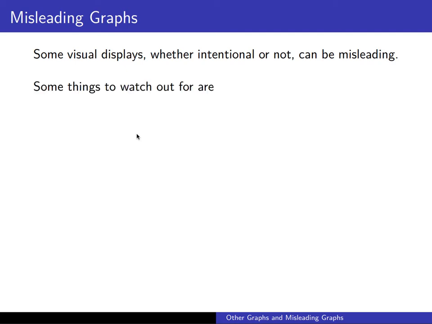So here are some things to watch out for, which we'll talk about in the rest of this video, but by no means is the following list exhaustive of everything that you could possibly watch out for. The first is the vertical axis not starting at 0. We'll take a look at an example of how that misleads the reader into forming a conclusion that may not really be valid.